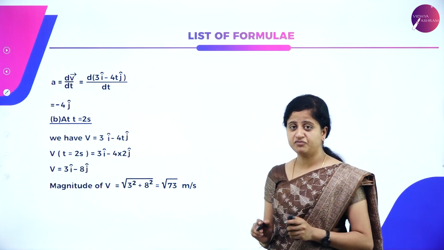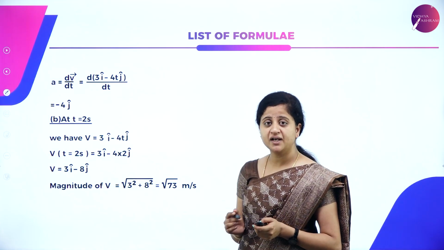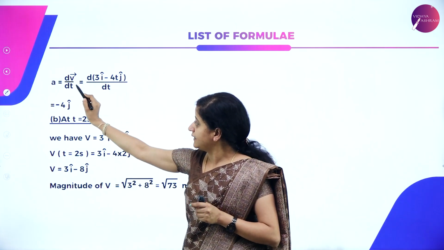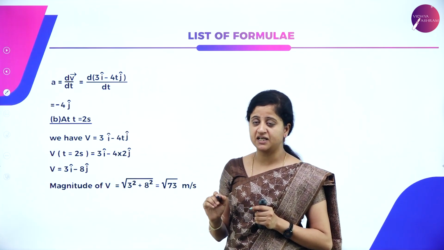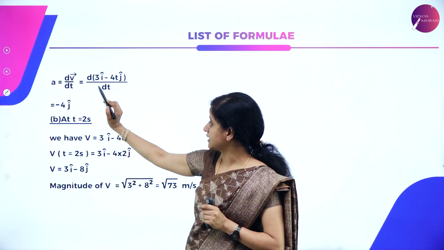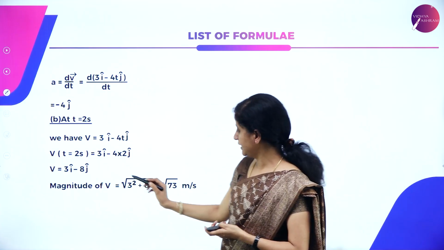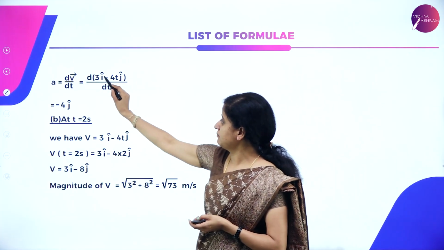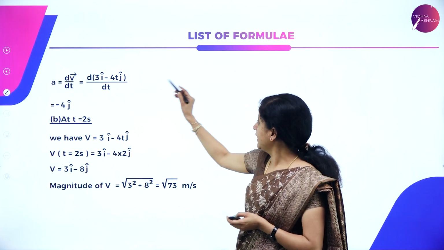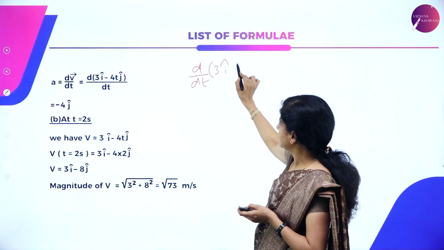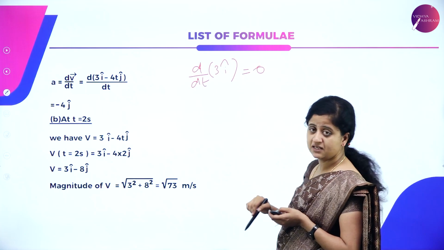Next, we have to find acceleration. How to find acceleration? Rate of change of velocity. d by dt is the rate of change of velocity. If we find it, we will get acceleration. So d by dt of the velocity we calculated, that is 3 i cap minus 4t j cap. Again let us differentiate this with respect to time. 3 i cap has no time term, so this term becomes 0.